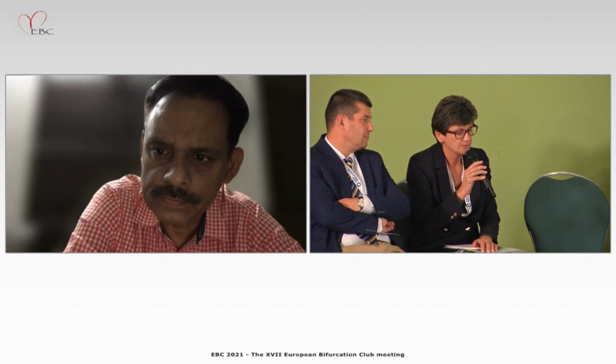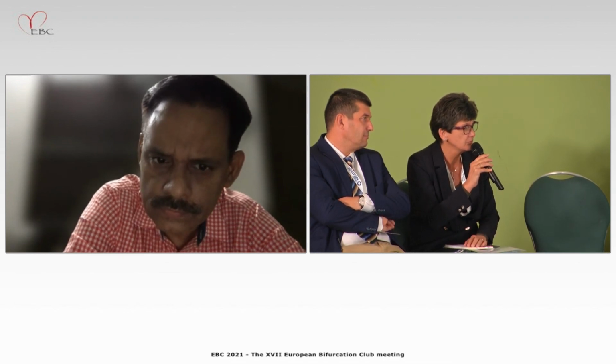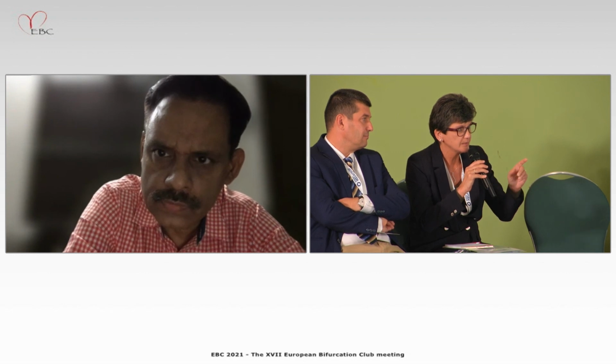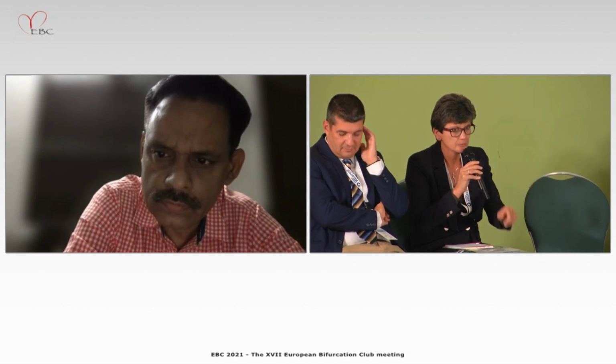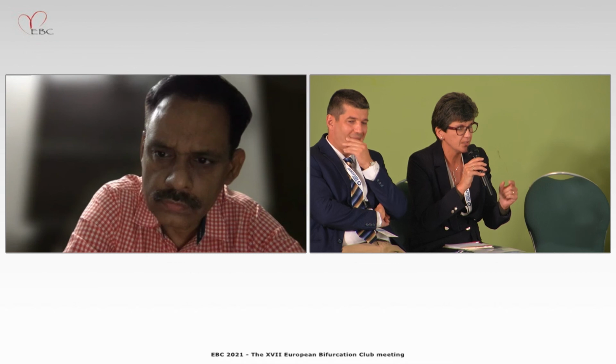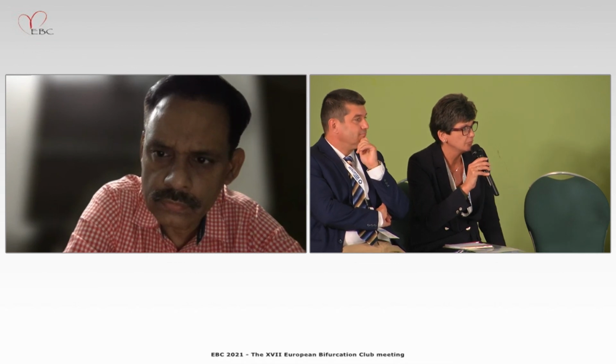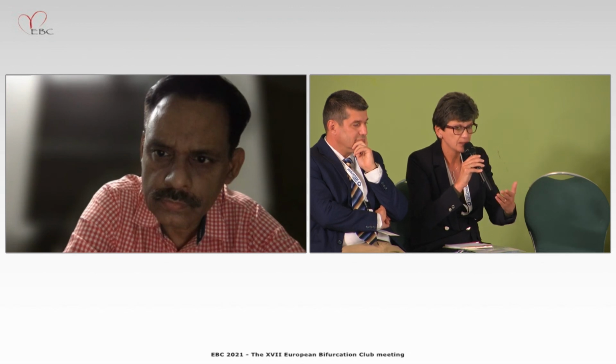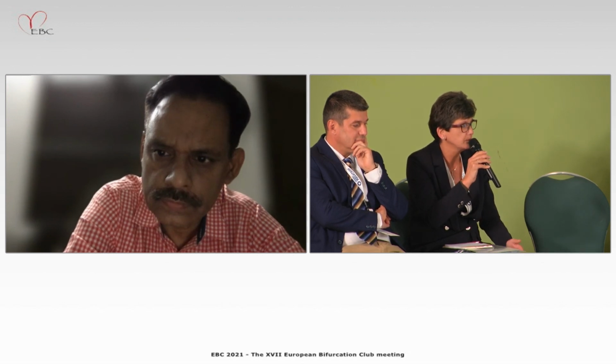There are some data coming from Fine showing that the eccentricity index is really bad after a kissing balloon, and I think that you are right. The main problem here is really the size and the exact position of the balloon during the re-POT. I'm really convinced that we can have a good result in this case with a POT-side-POT technique.